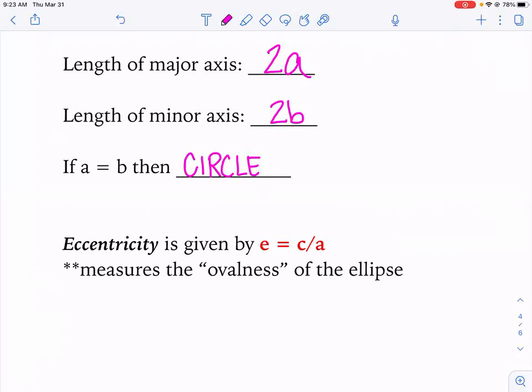That's what eccentricity measures. Eccentricity is always going to be between 0 and 1. The closer it is to 0, the more circular we are. The closer it is to 1, the more squished we are.